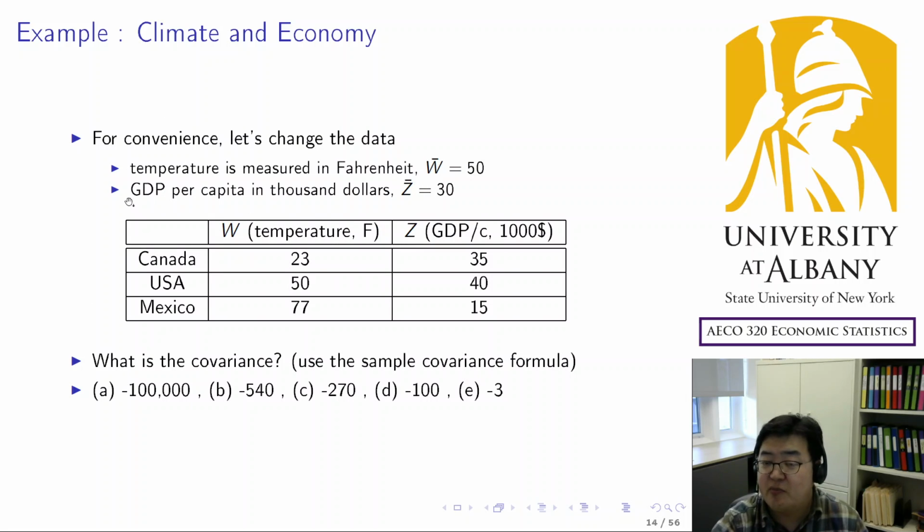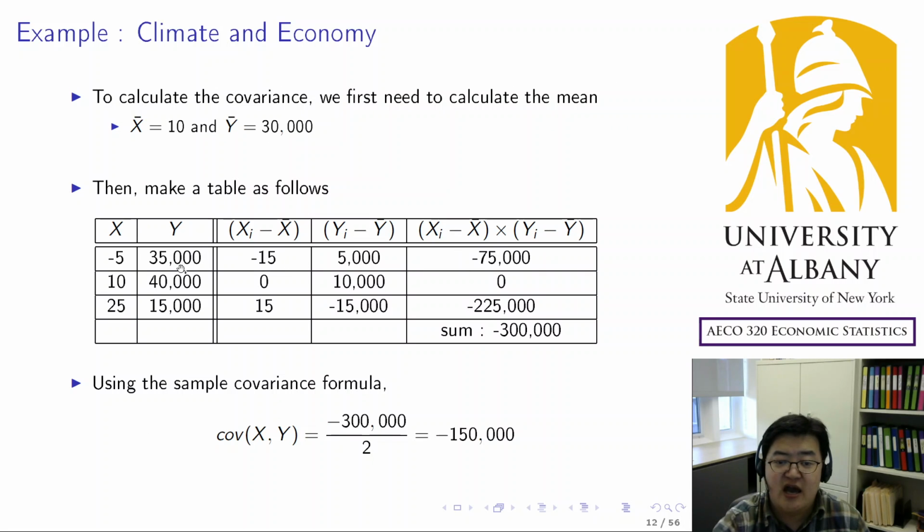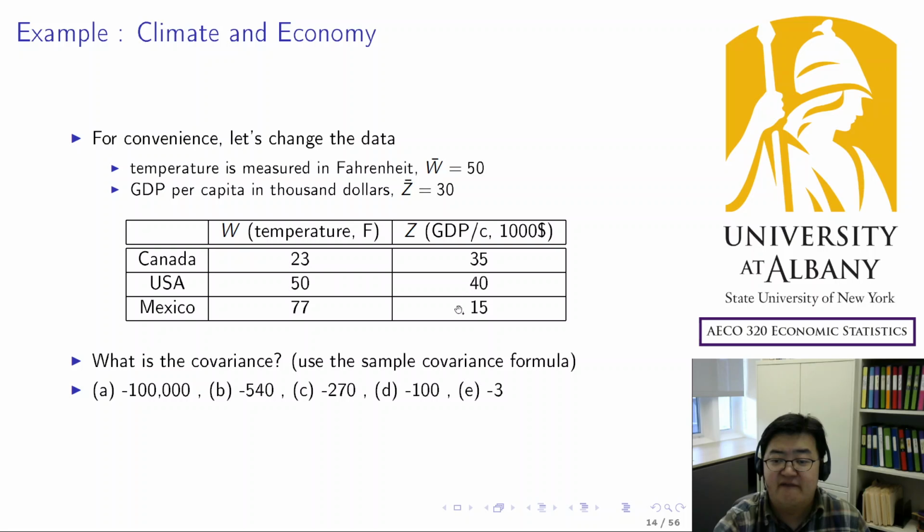I will measure the GDP per capita in $1,000, right? Earlier they had 35,000, 40,000, 15,000, but let's drop 3 zeros. So we have these numbers. Now we have new and easier numbers than before. Then you can calculate the covariance between these newly defined variables W and Z. Try it by yourself, and remember we are using the sample covariance formula, so the denominator must be n minus 1.